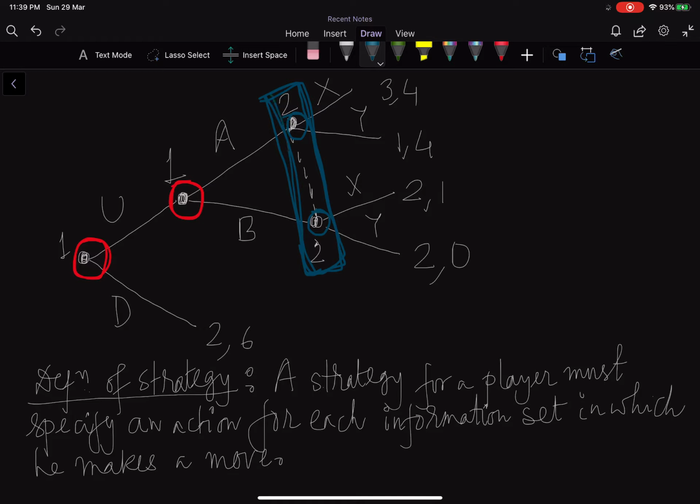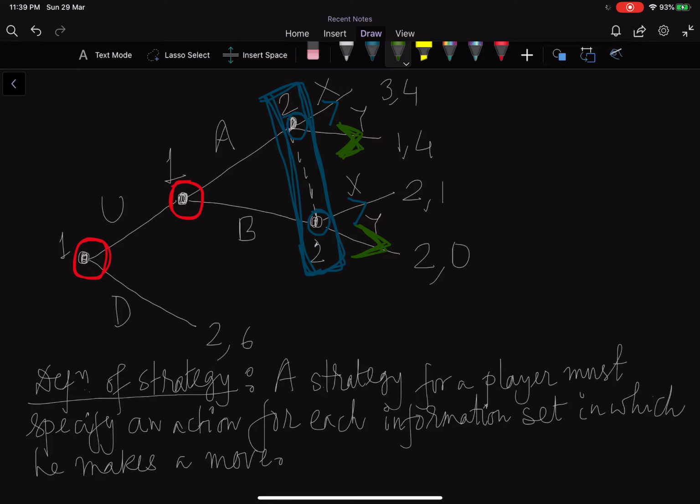When it's 2's chance to move in this information set, 2 must say a specific action. Either 2 would choose X, meaning it would choose X no matter whether it is sitting on the top node or the bottom node, or it can say it is choosing Y no matter whether it is sitting on the top node or the bottom node. So that's the idea of strategy in this game.